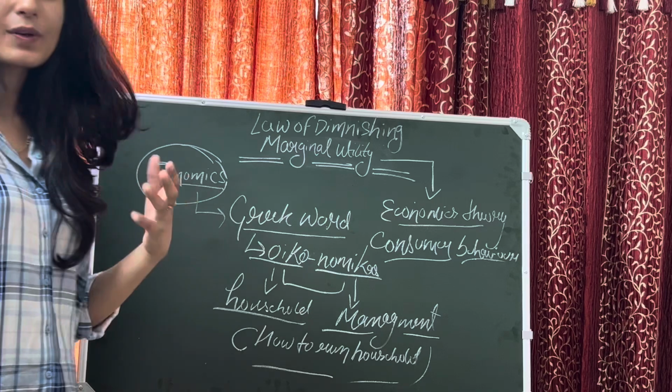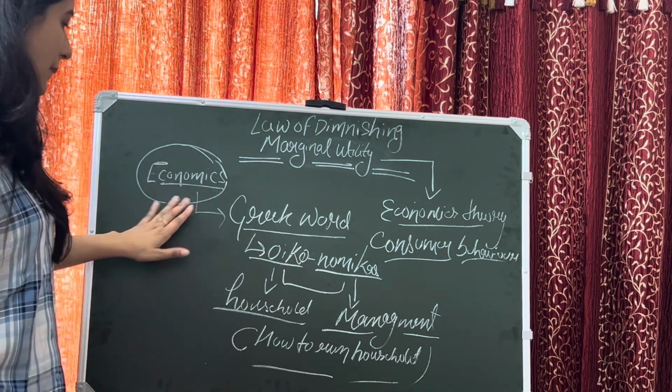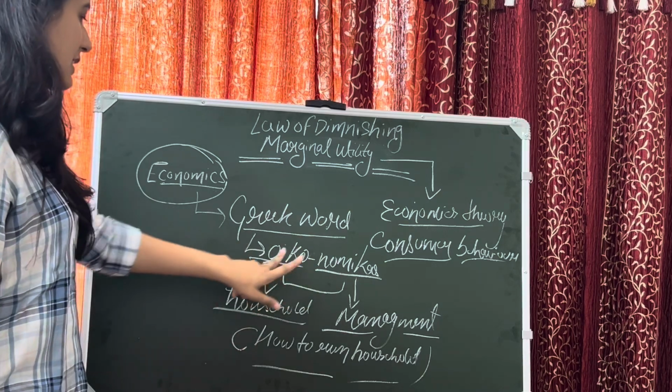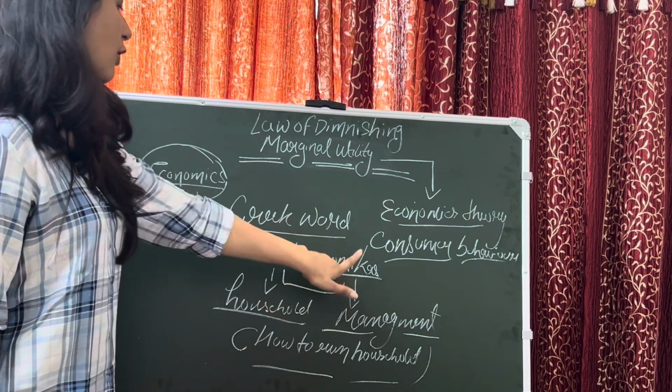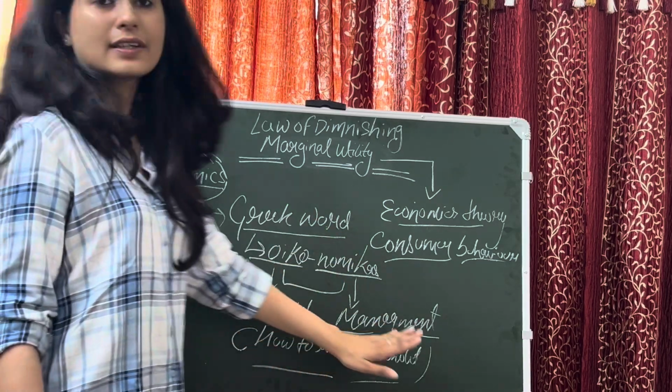It seems like a typical word, but it's a Greek word from which economics comes. Oiko means household, nomicus means management. It is how to run a household.